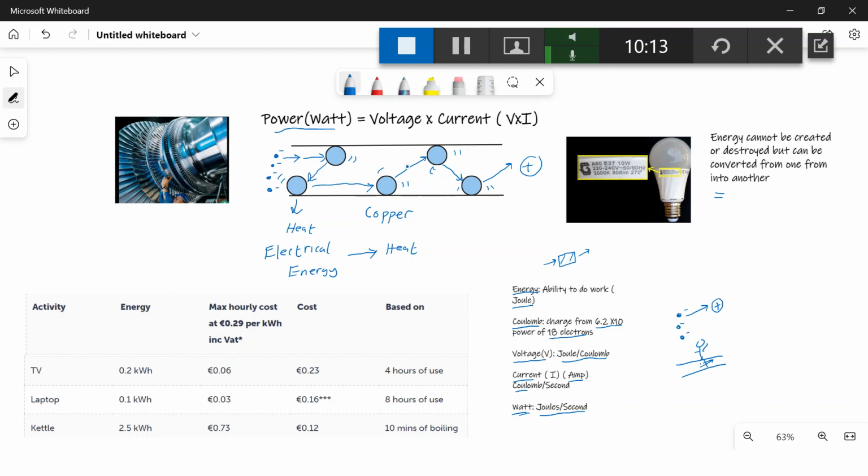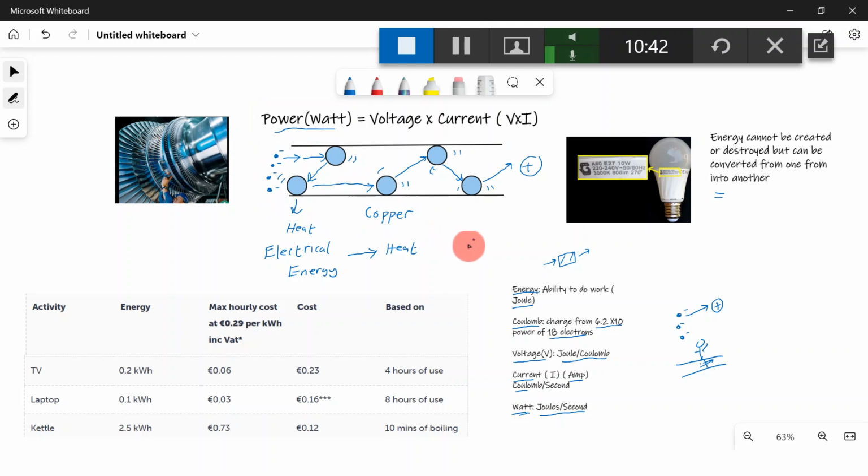These electrons will move through the wire, you'll get this coulomb of electrons being moved through the wire, and what they're actually doing is work, causing the wire to heat up and to vibrate.